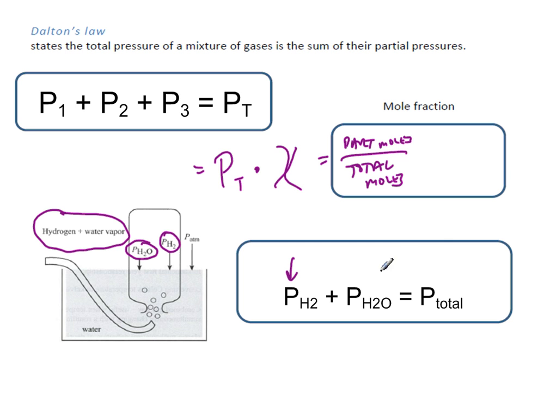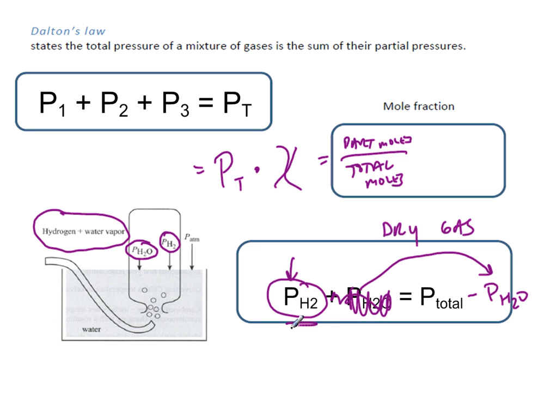When you go to find a dry gas, it's called the dry gas problem. All you have to remember is take the vapor pressure of water, which should be given to you in the problem on the AP exam. You basically subtract the vapor pressure of water from the total, and you're left with the pressure of the dry gas, meaning without the water.